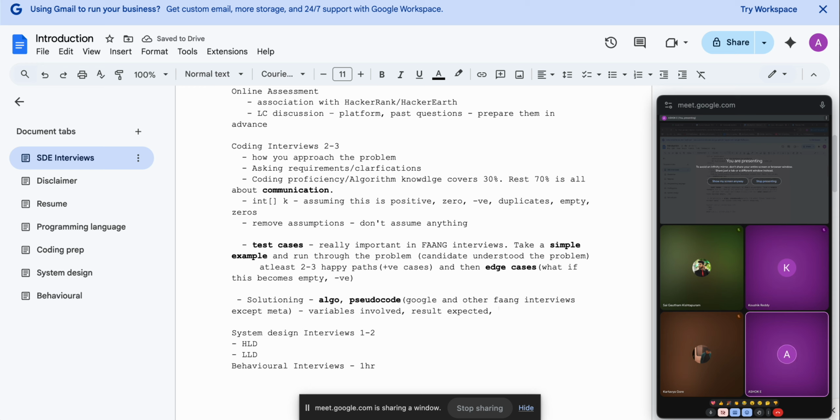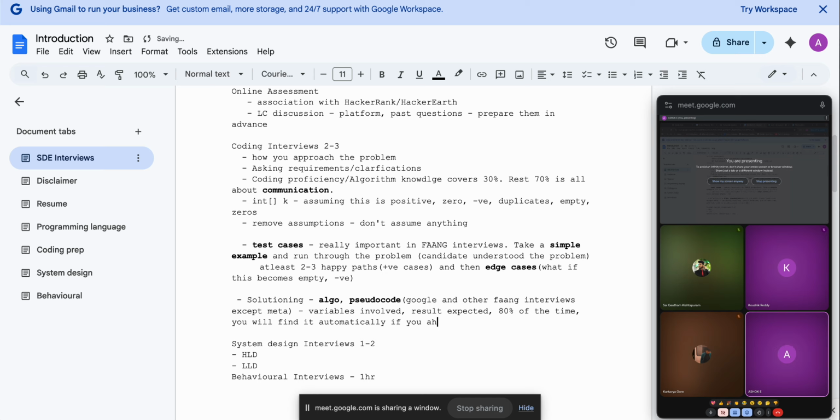Most often, say 80% of the time, it will naturally come to your mind, okay, this problem will need this particular algorithm, right? 80% of the time, solution will click, you will find it automatically if you have solved 300 to 500 LC problems, right?